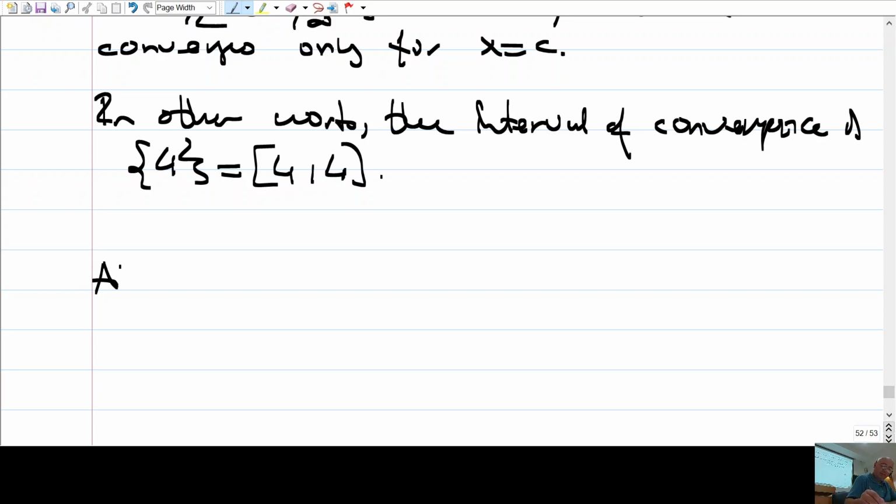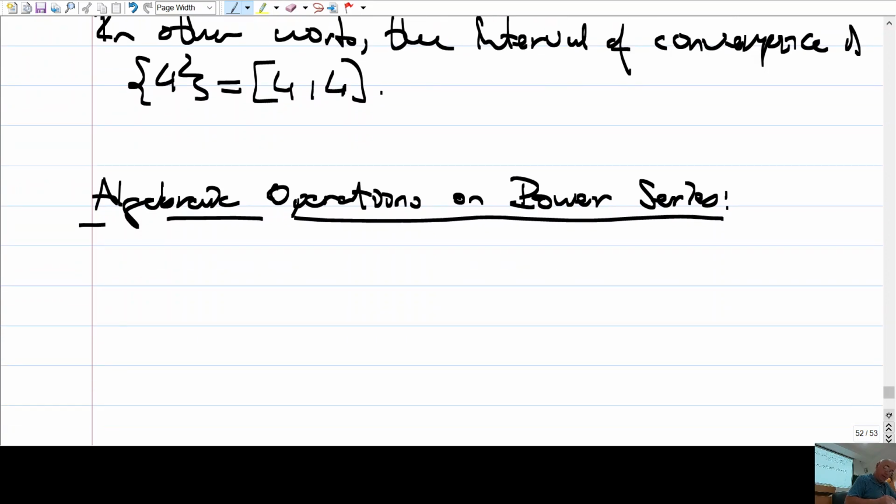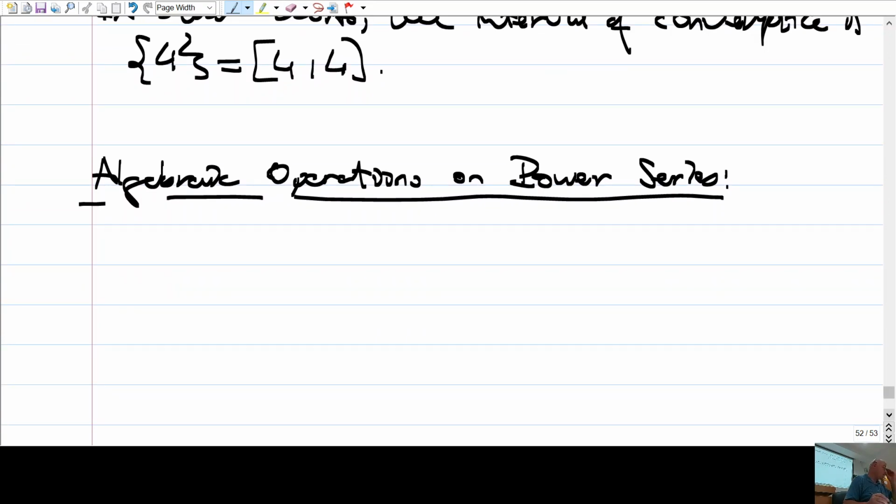So first, let me mention what the algebraic operations on power series are. Here is the theorem which describes how the algebraic operations are performed.